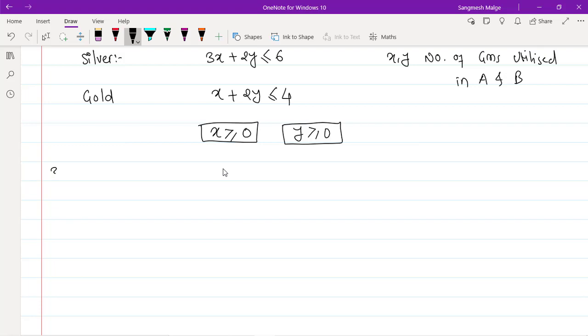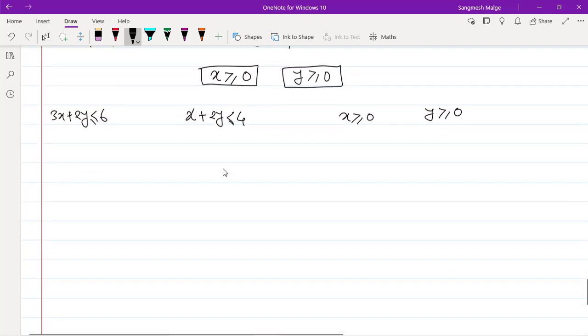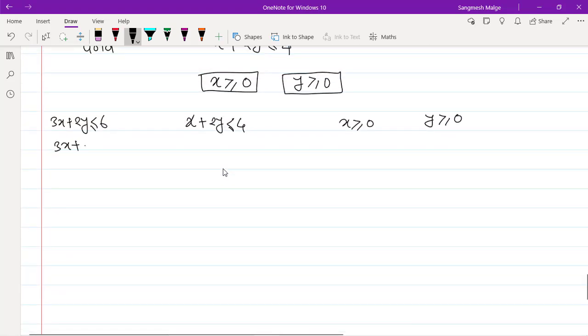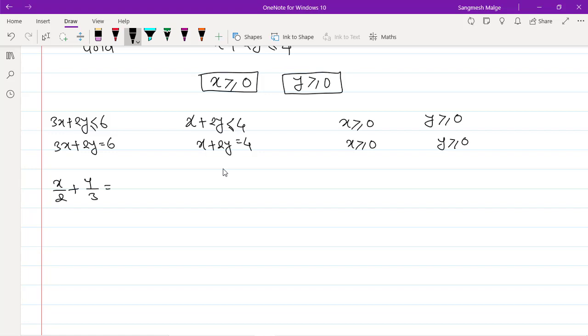Now let's form the graphical solution and find out the common feasible region for all of these given system of inequations. Okay, so first one is 3x plus 2y equals 6, x plus 2y equals 4, x is positive and y is also positive. x by 2 plus y by 3 equals 1, x by 4 plus y by 2 equals 1, x positive, y is also positive.